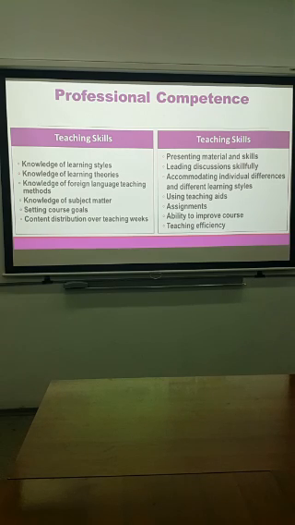Also, if there is discussion in the classroom, the teacher should lead the discussion, how to ask questions, what questions to ask, and the discussion should not be carried out randomly. The teacher should organize it.